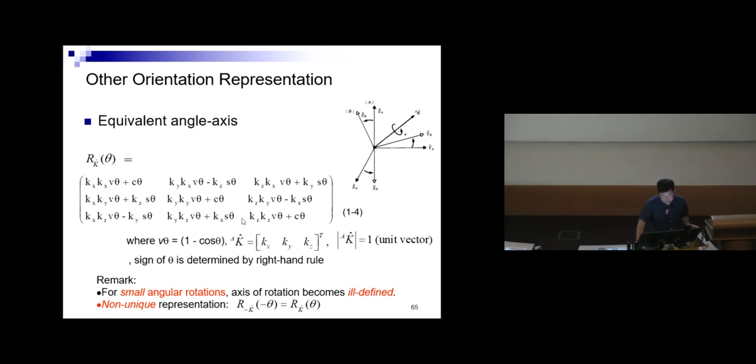So if I have this, I will have another one in the opposite direction. This is k hat, this is minus k hat. Counterclockwise is positive, and over here it will be clockwise if you rotate along the minus k hat.